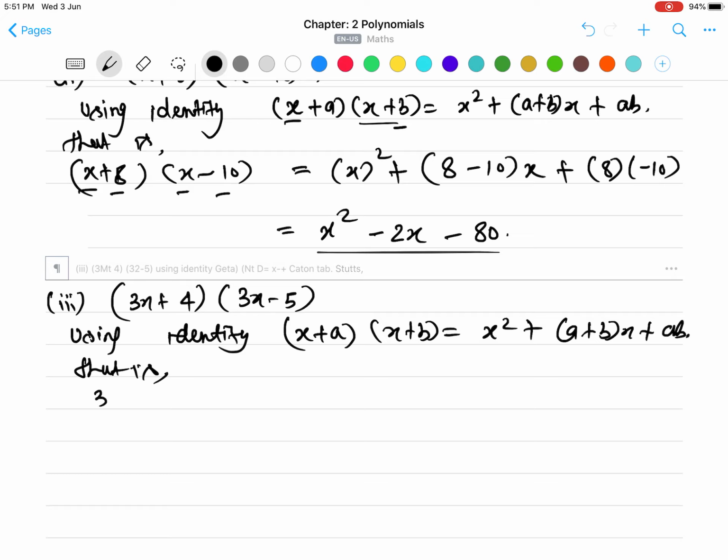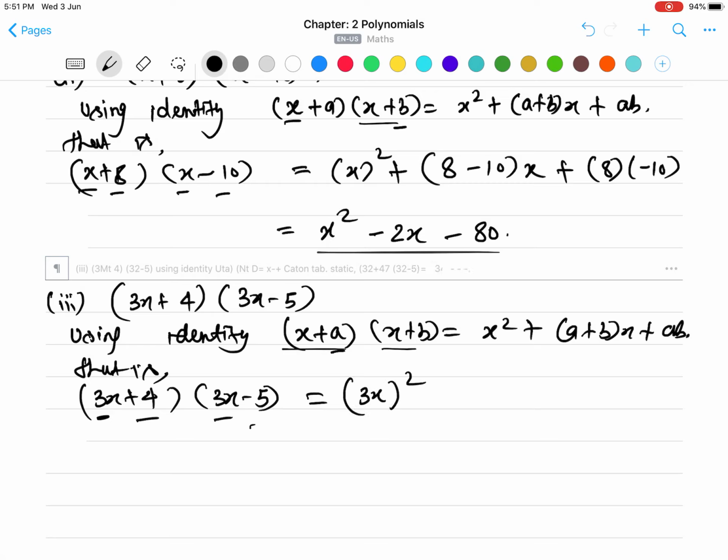We have (3x + 4)(3x - 5). Now this time see, x here is 3x, a is 4, x is again 3x, and b is -5. So we can write x², x here is 3x squared, then we have plus (a + b), a is 4 and b is -5.